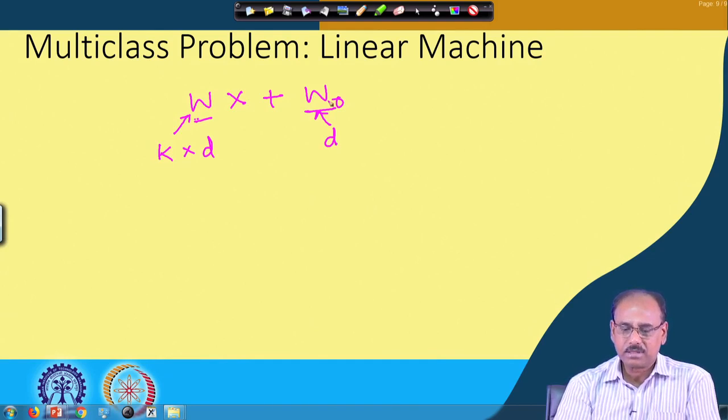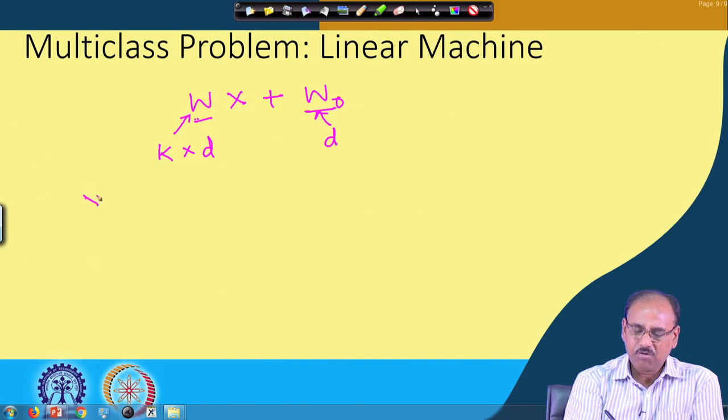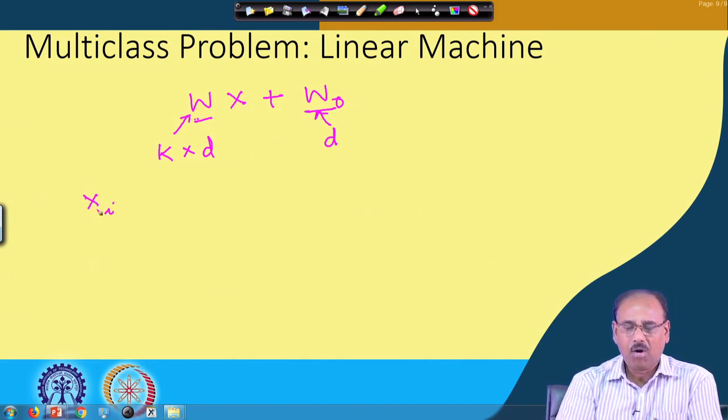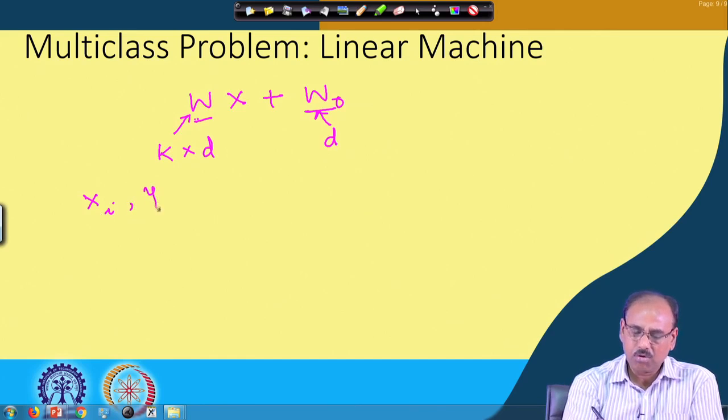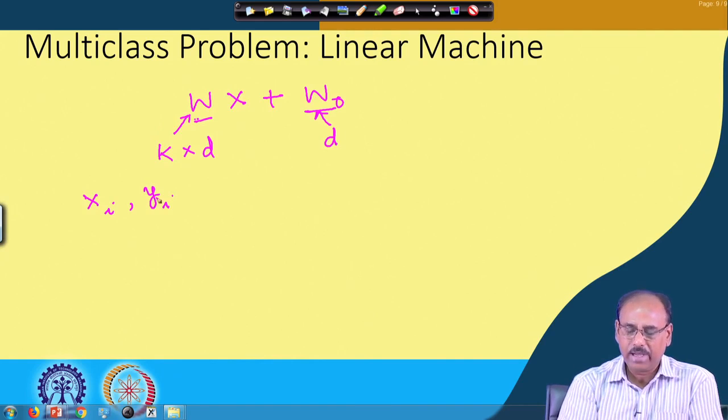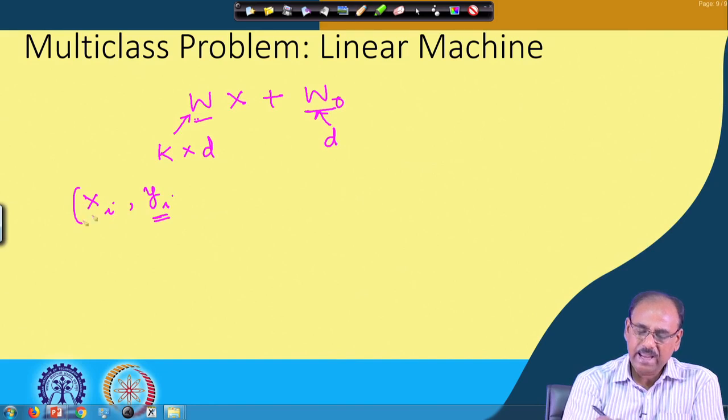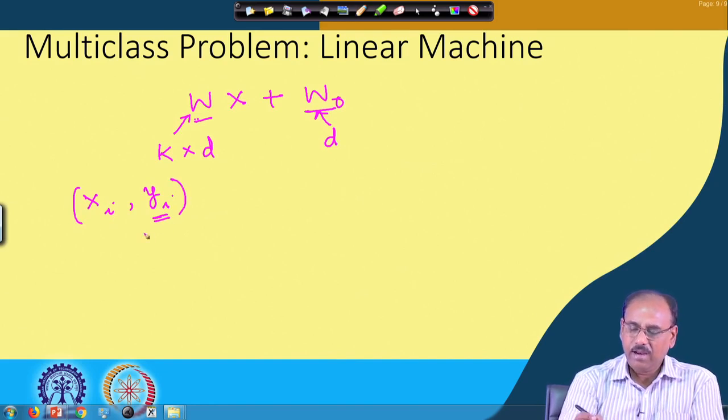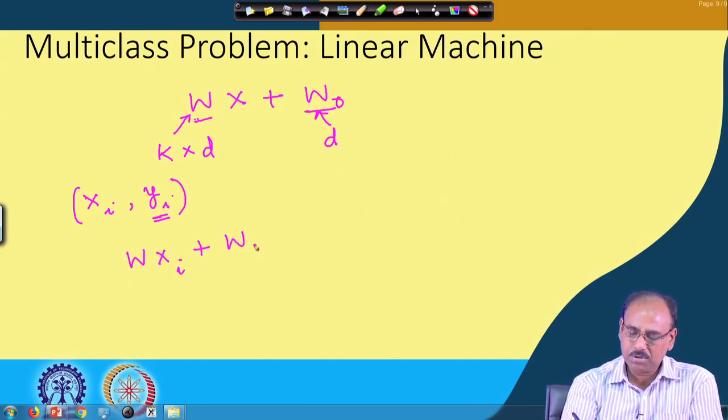So, once I have this, for any given unknown vector x, or if I take the training vector x i which belongs to omega i, corresponding to that my index is y i. So, for this x i, y i pair, if I compute this expression W x i plus W naught, this will give me a column vector.